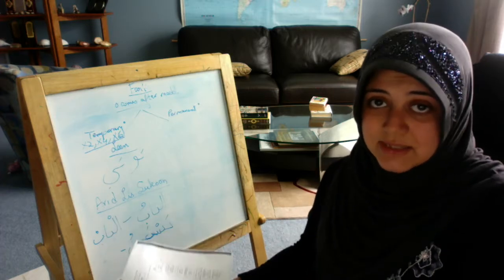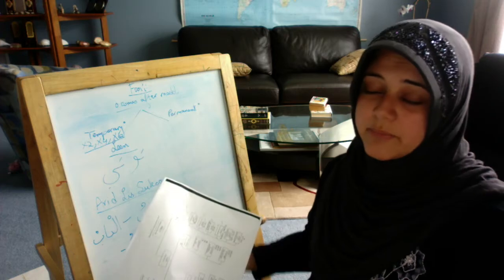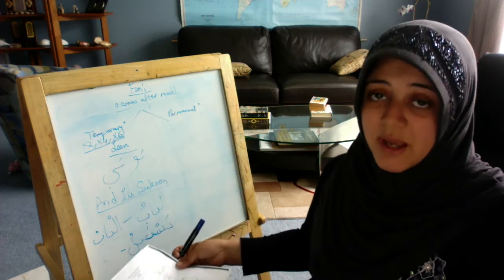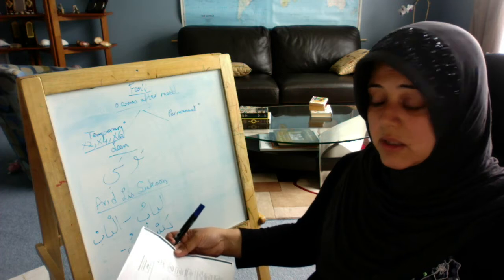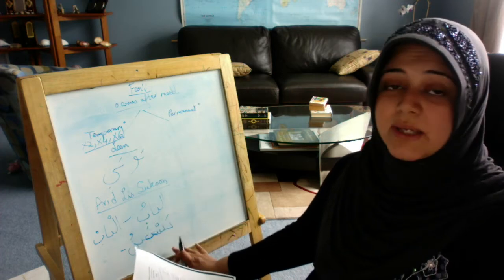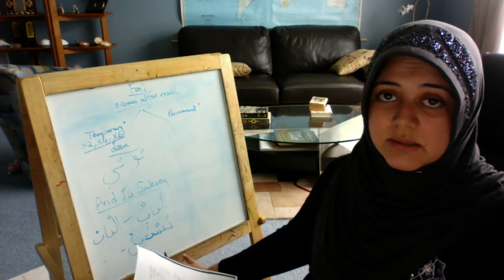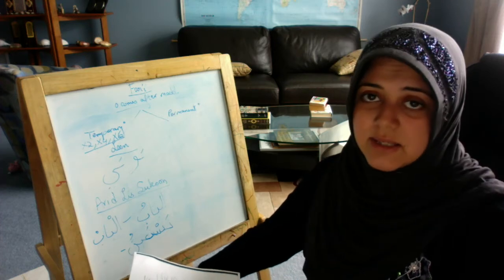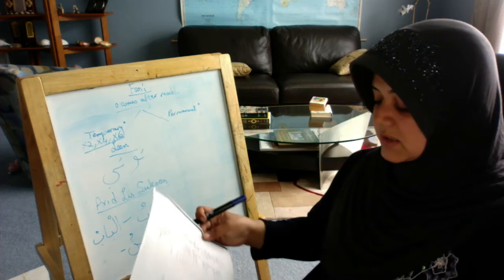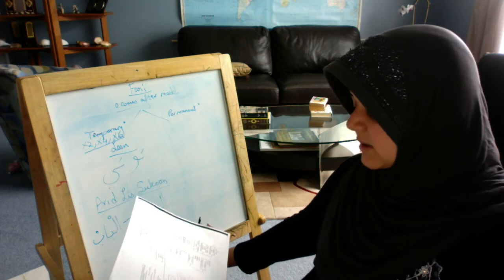Now, if you were to recite it in a continuous sentence and not stop on that word, you would have to pronounce it fully. Sorry, إياك نعبد وإياك نستعين اهدنا الصراط المستقيم, right? But when you stop, you say نستعين, right? So that's the reason why it's called Arid Lis Sukoon.